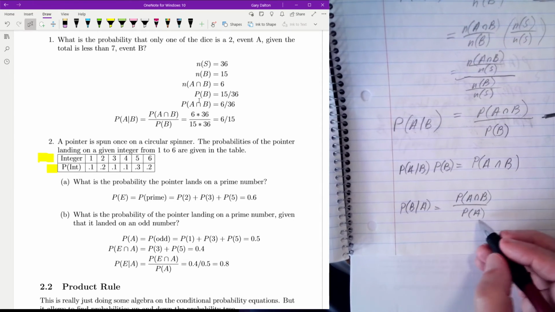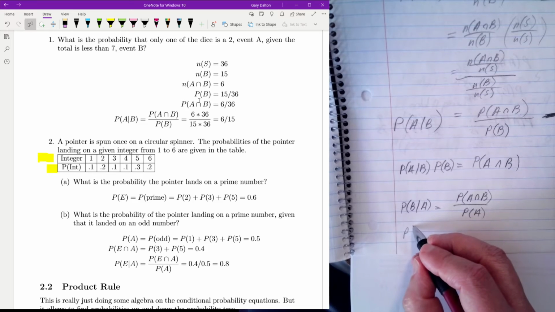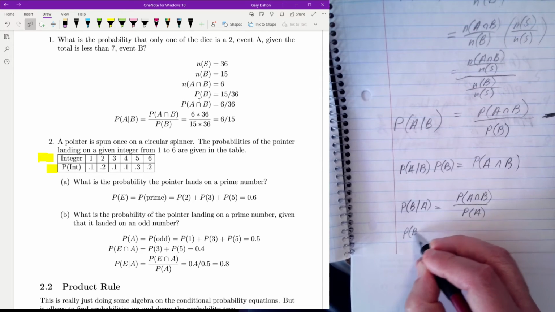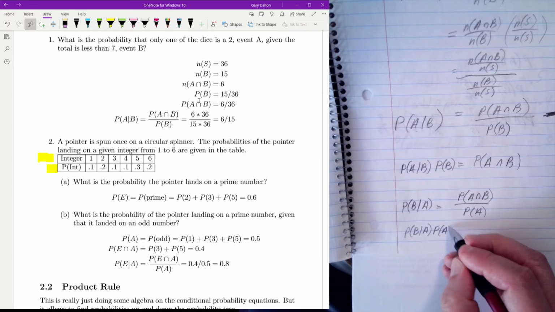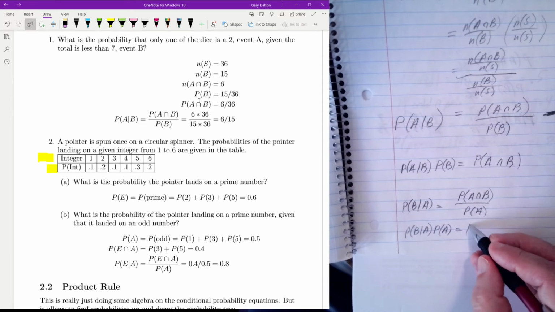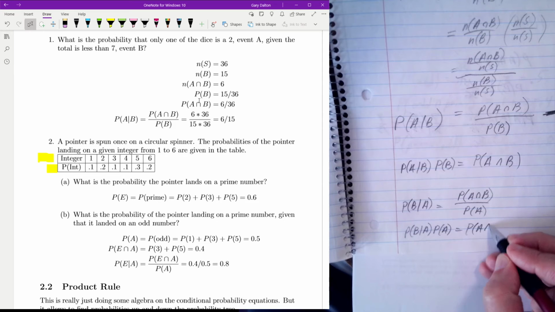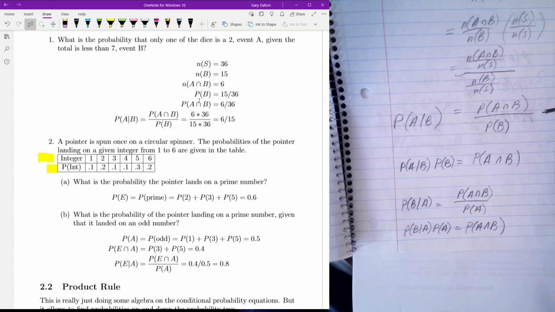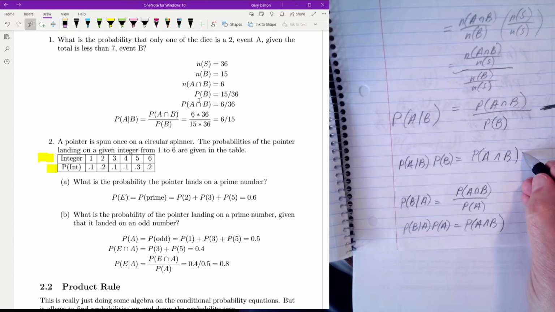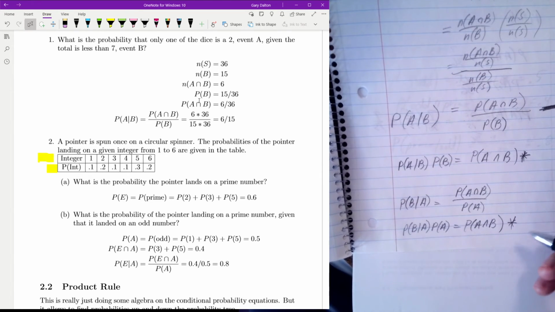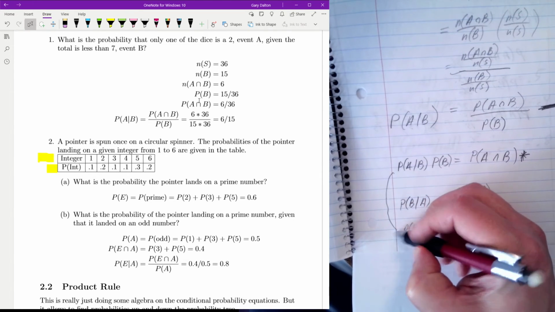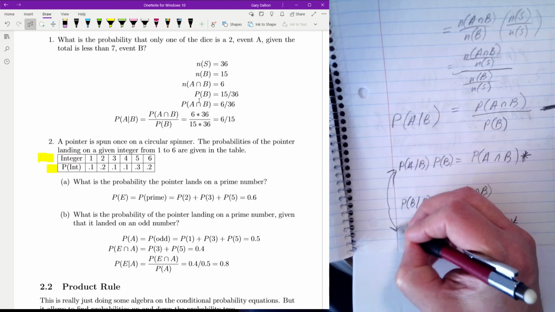Now let's multiply this back out, and we have the probability of B given A times the probability of A is equal to the probability of A intersect B. Notice the probability of A intersect B here and here. That means these two are equal to each other.